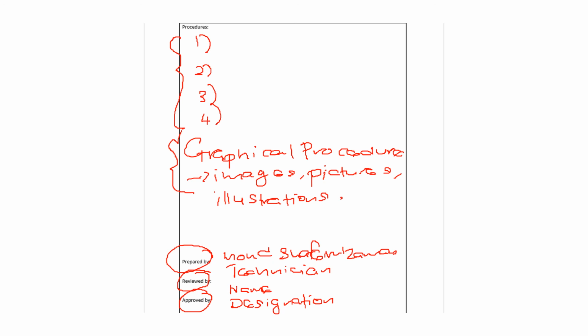This is actually the same thing that you're going to do for your next assessment, which is on SOP, whereby you're going to transfer the information into the template using several methods. For example, you can use the hierarchical procedure. You can also use graphical procedure.